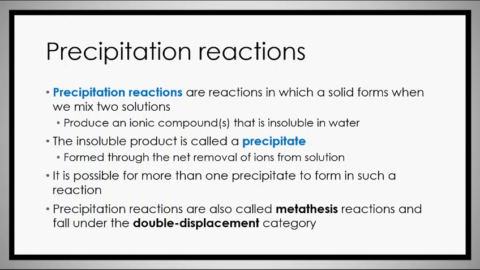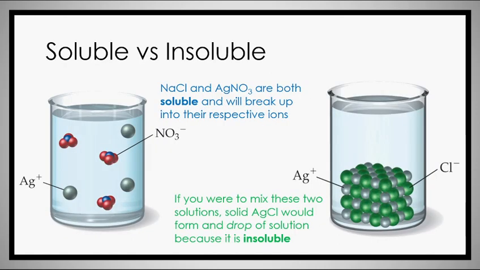So, soluble versus insoluble. What the heck does that mean? A soluble substance, as I've covered a couple times, will completely separate into its individual components. Take something like sodium chloride: if you place solid sodium chloride into water, you are going to end up with sodium ions and chloride ions.